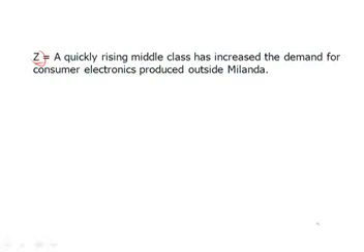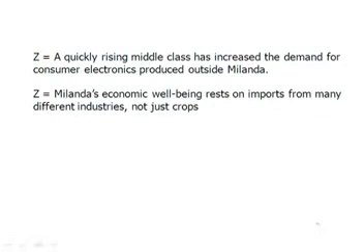So Z is a possible answer or explanation that shows that the drought is not causing the imports to go up. Another possibility could be this one. Malanda's economic well-being rests on imports from many different countries, or rather different industries, not just crops. So we can see that, aha, it's importing all this other stuff not related to food and drought conditions.